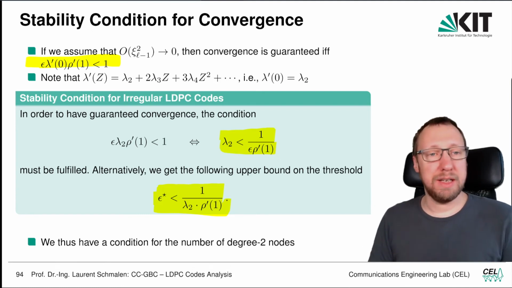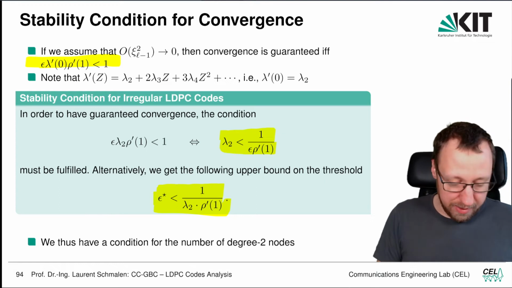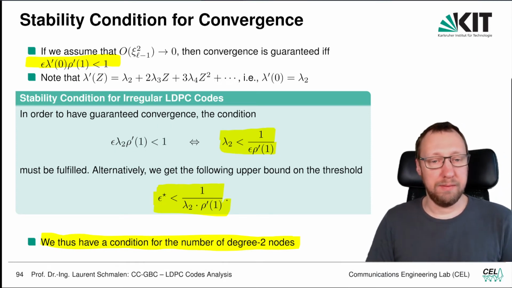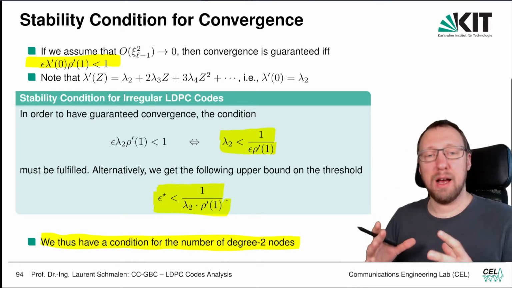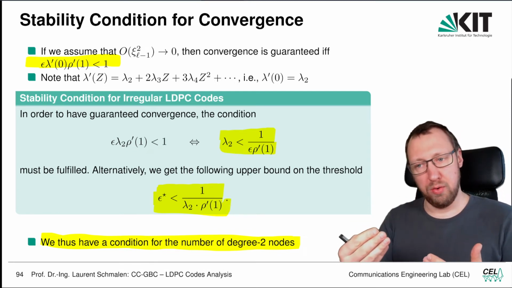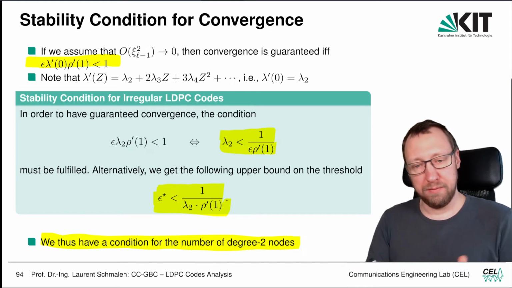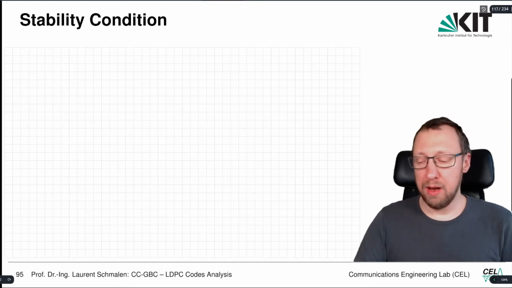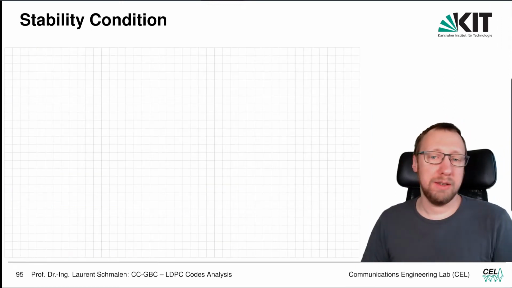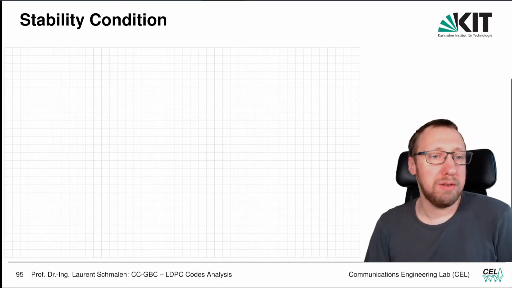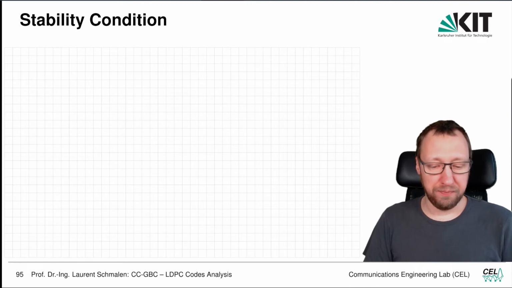So what the stability condition says is that in irregular codes, we get a condition on the number of degree 2 nodes. It tells us how many degree 2 nodes we should have at most, such that the code will actually converge. Okay, so now we can go ahead and, for instance, start designing degree distributions such that we converge.